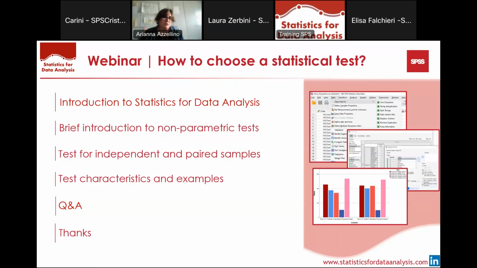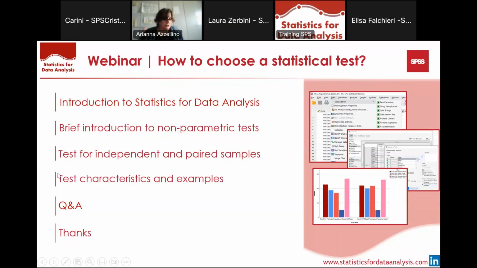So I will do a very short reminder about the main differences between the two methods, and we will use an example data set to make an example of testing an independent sample comparison or a paired design comparison.